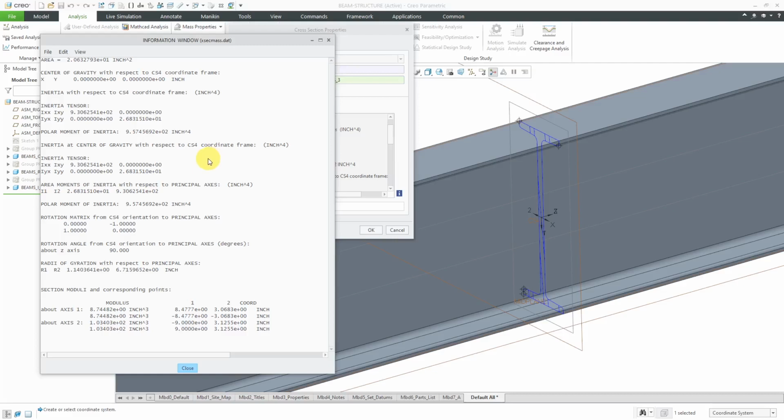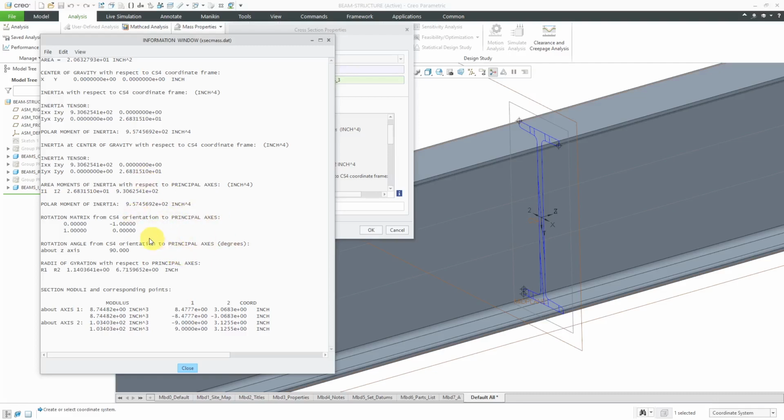All right, let's see the next things we have in here. We have the inertia at the center of gravity with respect to the CS4 coordinate system. Again, same values that we had before. Here we have the area moments of inertia with respect to the principal axes. Again, that gives us our I values, those moments of inertia, and you'll notice they correspond to these same values over here.